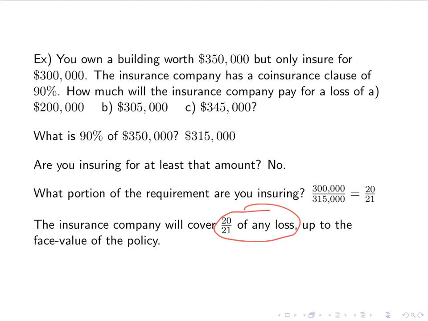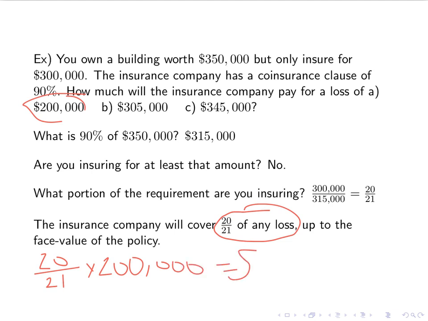If I want to find how much I will get out of a loss of, say, $200,000, I take 20 out of 21, multiply it by 200,000, the loss, and I get $190,476.19.